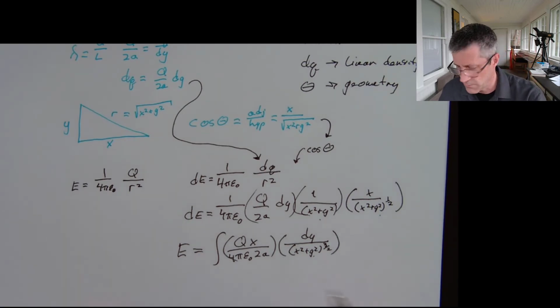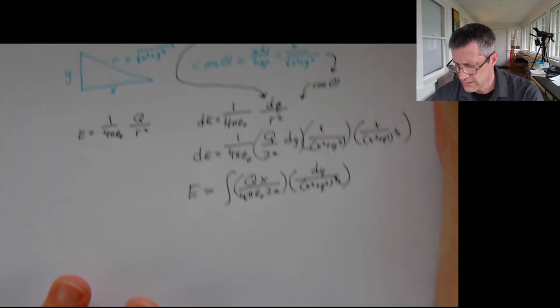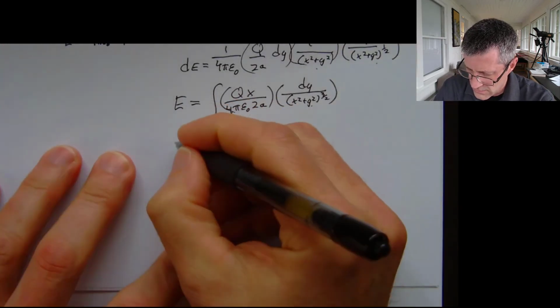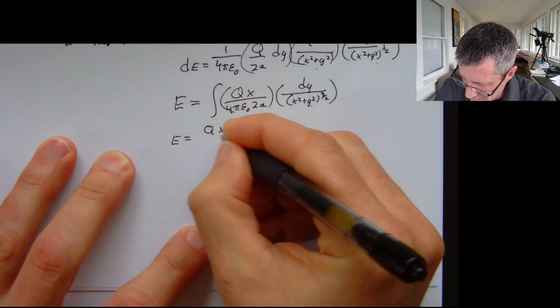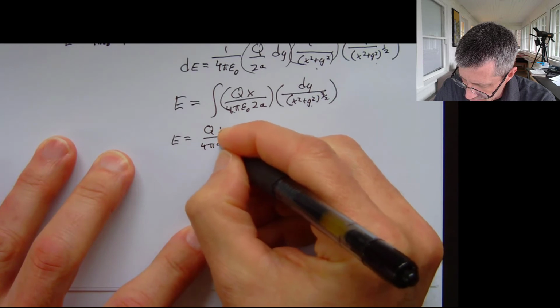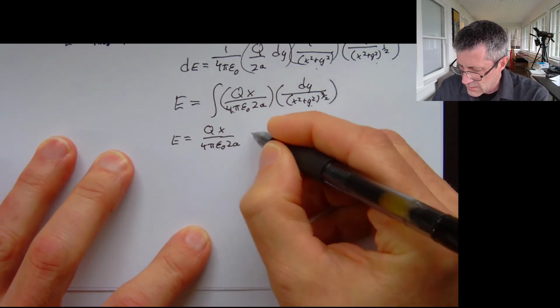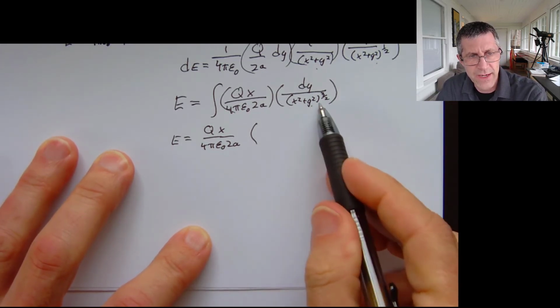Let's plug it in here. I take the integral of this stuff, and what am I getting now? My electrical field is going to be this constant qx over 4 pi epsilon naught times 2a, times this evaluated.